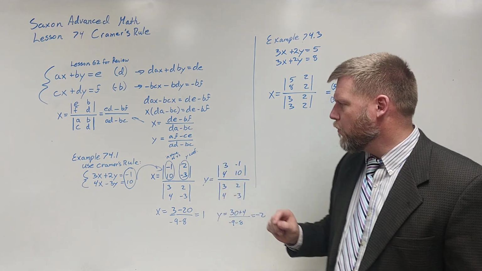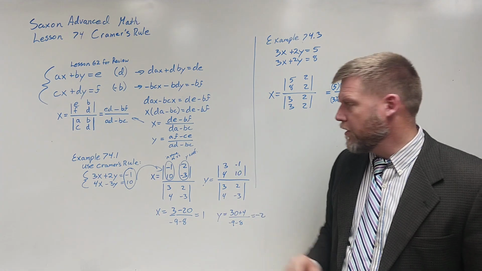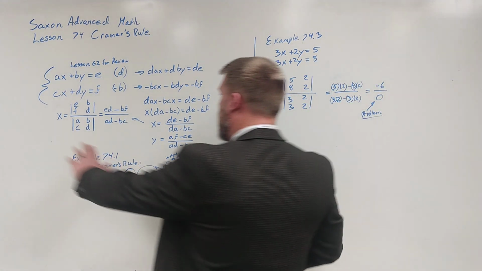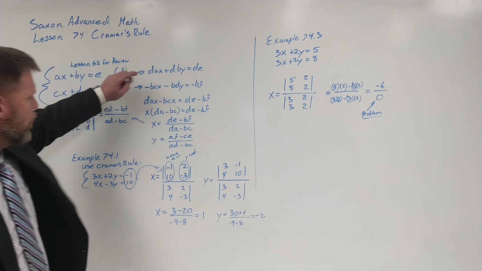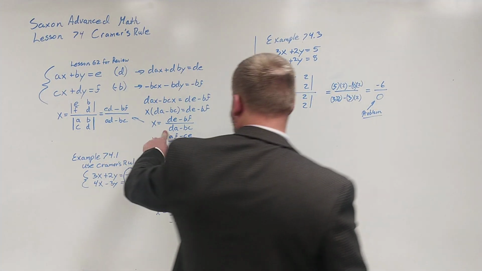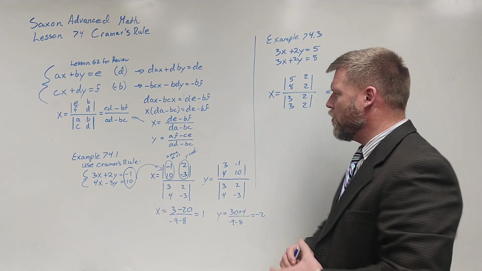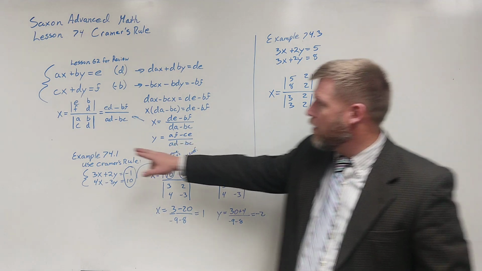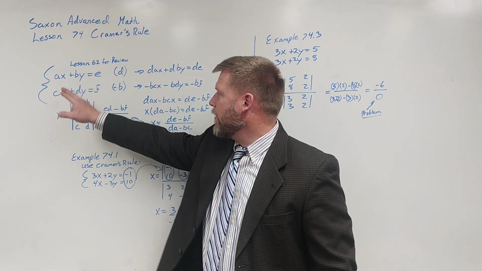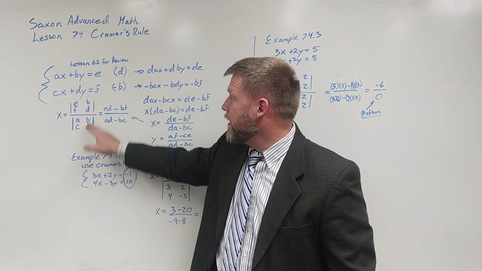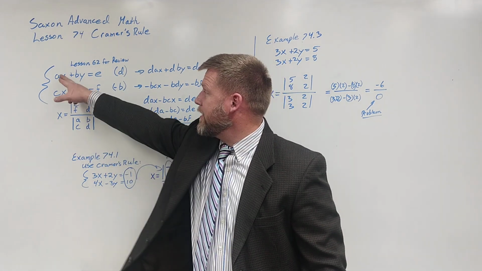And it's very cool. Now, let me go back to where we started, and we'll look at where these are coming from. Notice that all we did here was solve for what x is. And x happens to be whatever dE minus BF is over dA minus BC. If you'll notice where these are coming from, here is B and C, B and D, right from there. Here is B and D, right from there. There is A and C right from there.